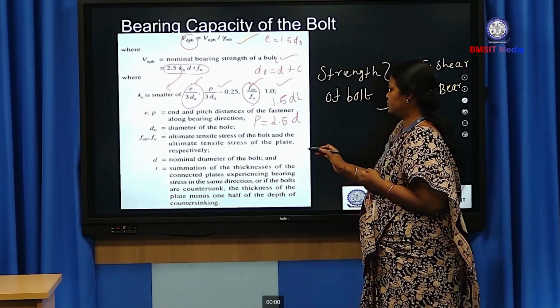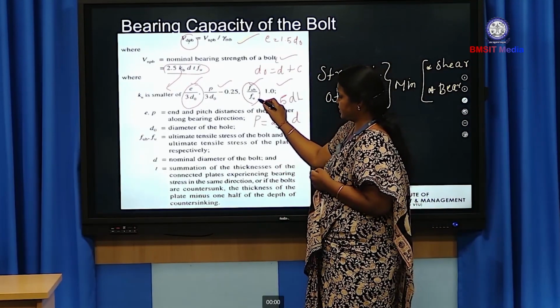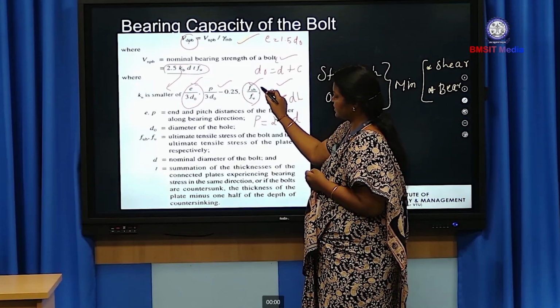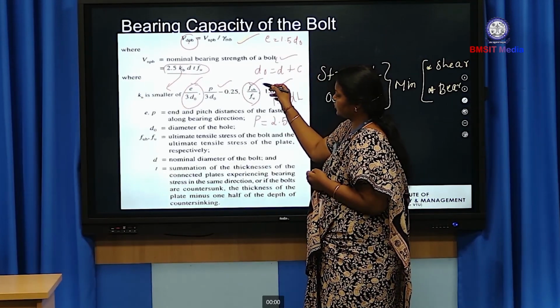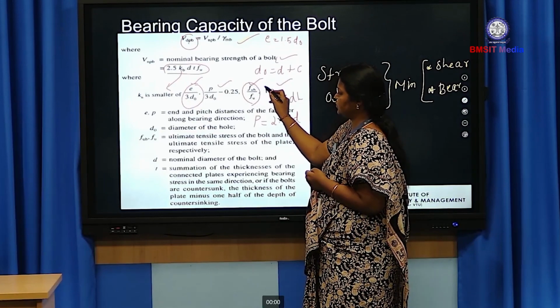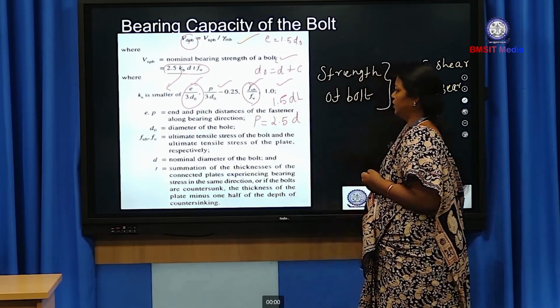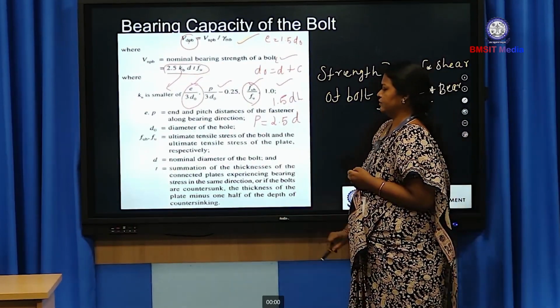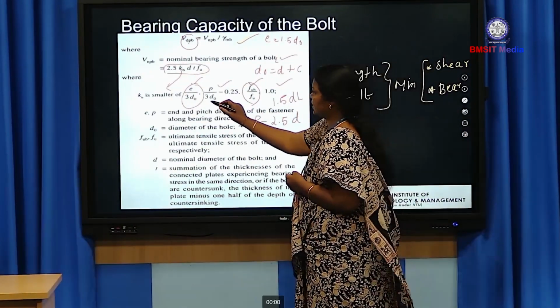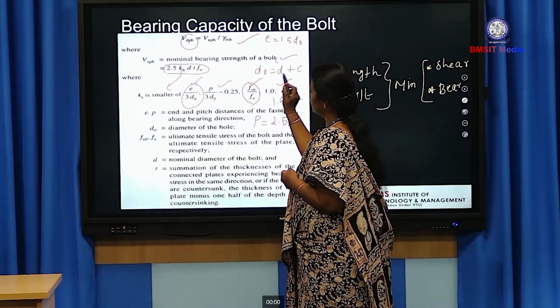Here there is no b in the suffix. If b is in the suffix, that is with respect to the bolt only, that is ultimate tensile strength of the bolt divided by ultimate tensile strength of the plate. Next one is 1. First we have to calculate this value, second, third and fourth.